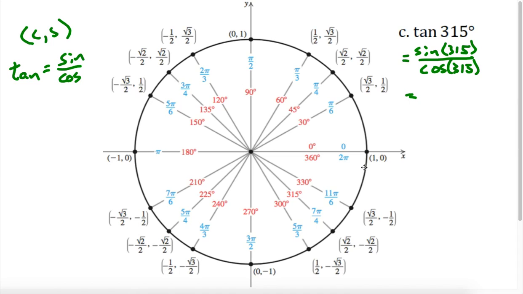Well, then I can just go to my unit circle and say, the sine of 315 is the y value, so that would be negative square root of 2 over 2, over the cosine of 315, which is square root of 2 over 2. So negative square root of 2 over 2 over square root of 2 over 2 would end up just equaling negative 1, right? So the tangent of 315 degrees is negative 1. We can use our unit circle to find tangents as well. We just need to remember that tangent is equal to sine over cosine.